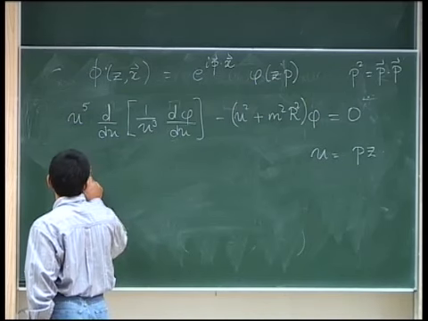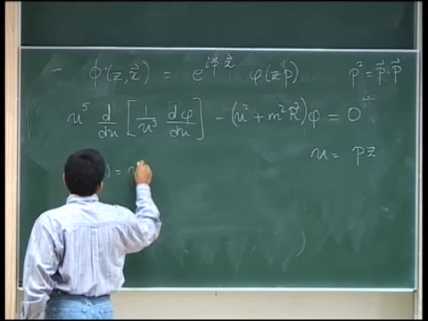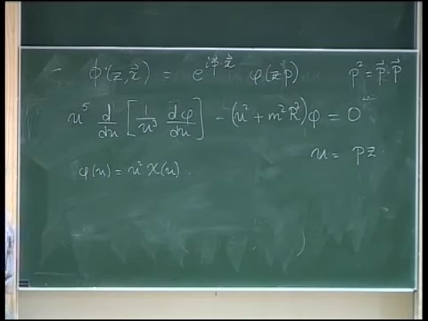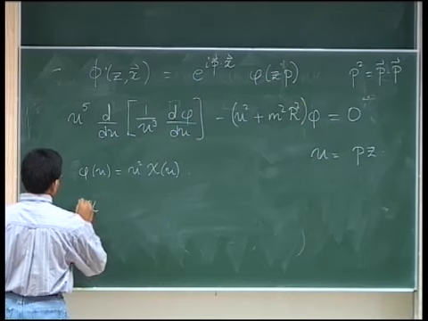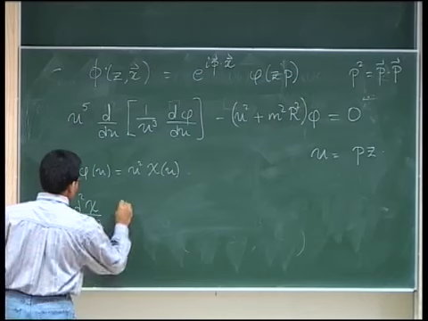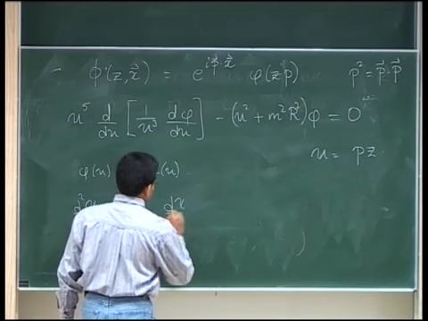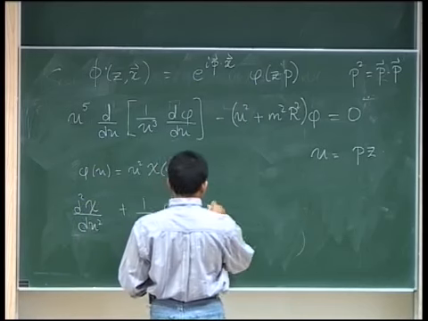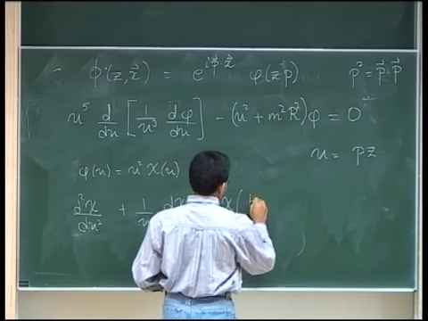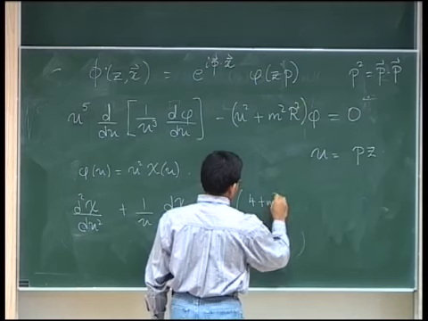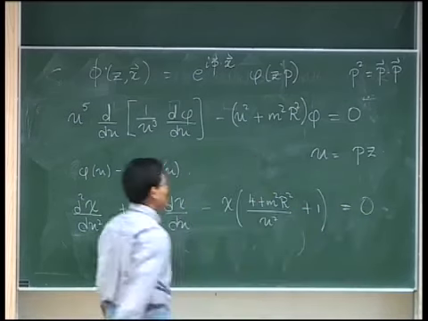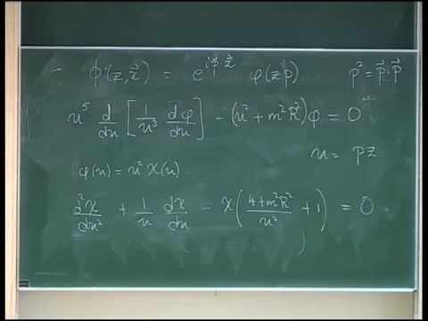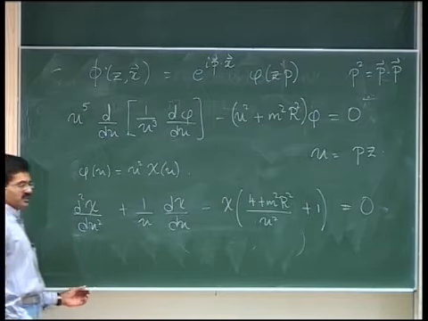If you replace phi of u by u squared times chi of u, you find an equation which presumably you all recognize as something you know.